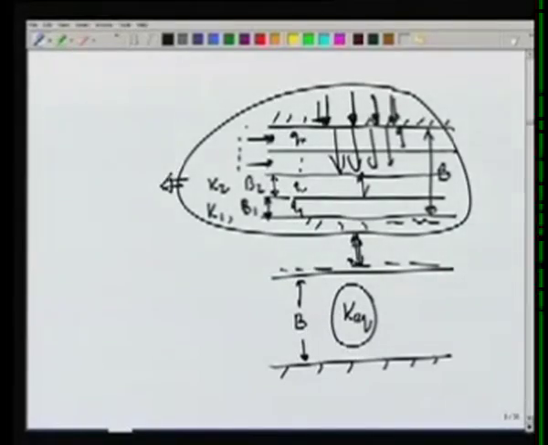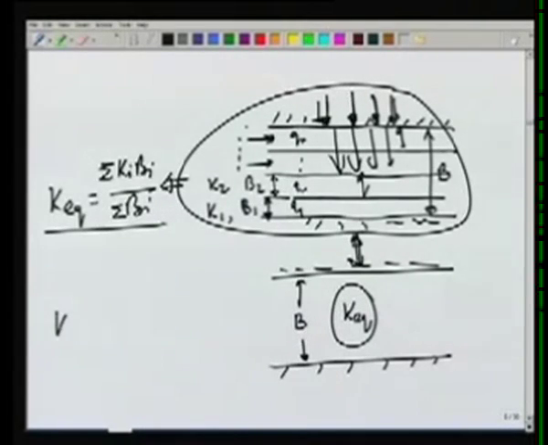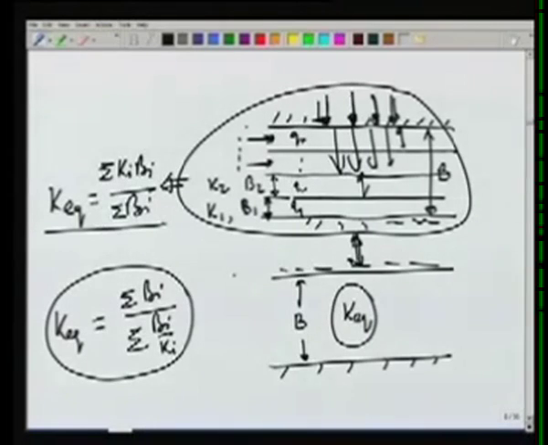For example, in this case, the equivalent conductivity can be given by the arithmetic mean and then the harmonic mean. So these two can be used to obtain the equivalent conductivity, and then we can treat the porous medium as homogeneous with that equivalent conductivity and this thickness B, which is nothing but sigma Bi, and i goes from 1 to n, where n is the number of layers.